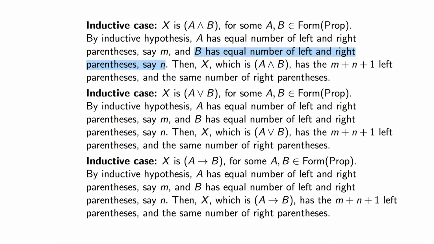Let's call this number N. When we form A and B in parentheses, we see that it must contain M plus N plus 1 left parentheses. The additional 1 is because we added the left parenthesis in front of the formula.